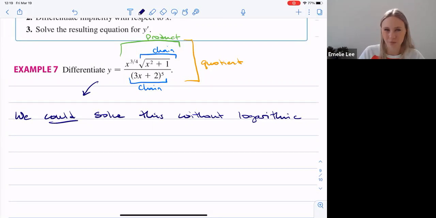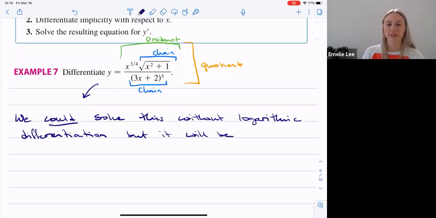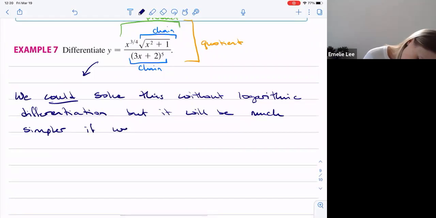Not for me, for you. But it will be much simpler if we take the logs.